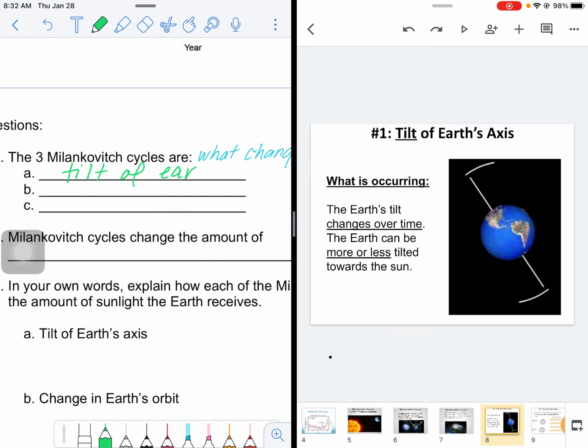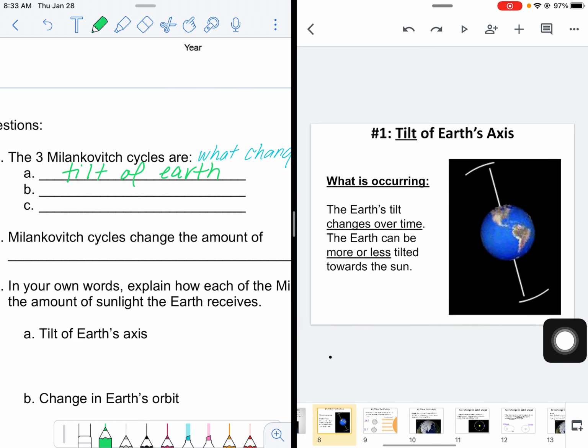So that tilt, either more towards the sun or less towards the sun, can change how much solar energy is hitting those poles, therefore more melting or more cooling. So obviously when it's tipped more towards the sun, that's when the ice melts.